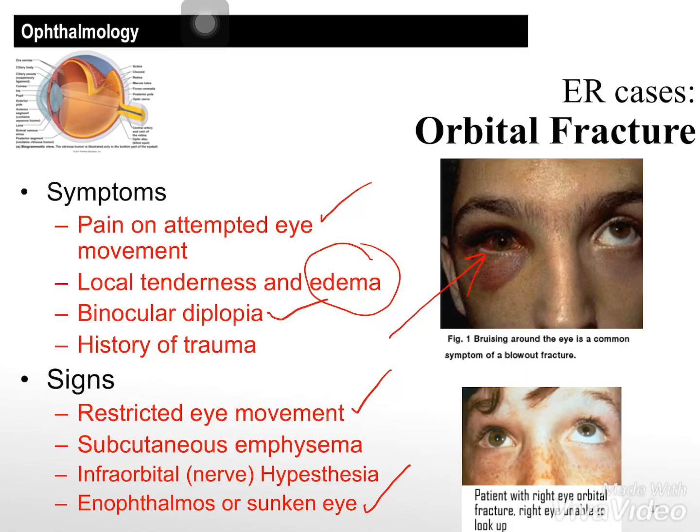There could be subcutaneous emphysema because of subcutaneous air coming from the sinuses, and infraorbital hypesthesia. This eye, the left eye, is on upgaze, but you observe the right eye, it is looking forward. There is an attempt to look up, but not as much as that of the left eye.